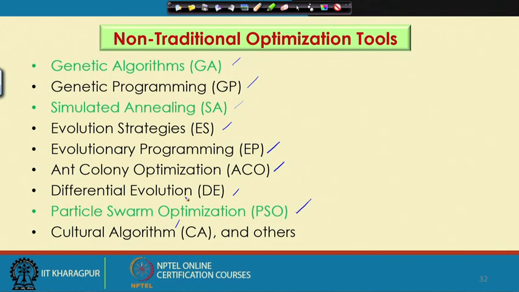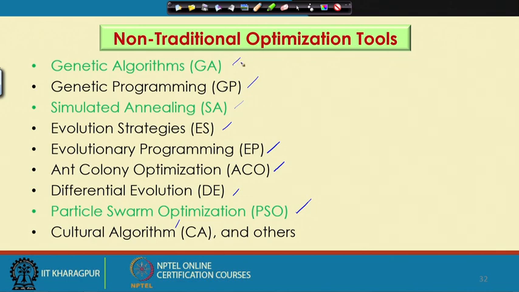Now, in this particular course, I am going to discuss some of the non-traditional optimization tools, and I will be discussing their working principles with the help of suitable numerical examples. For example, I am going to start with the working principle of the genetic algorithm.